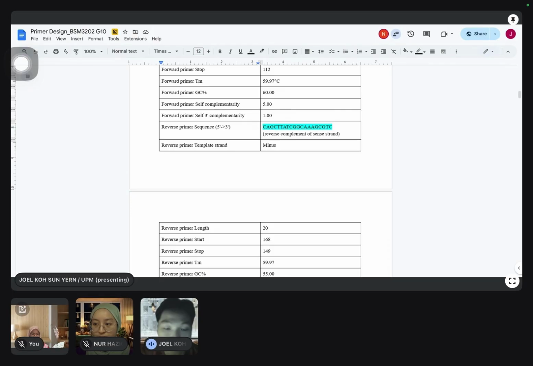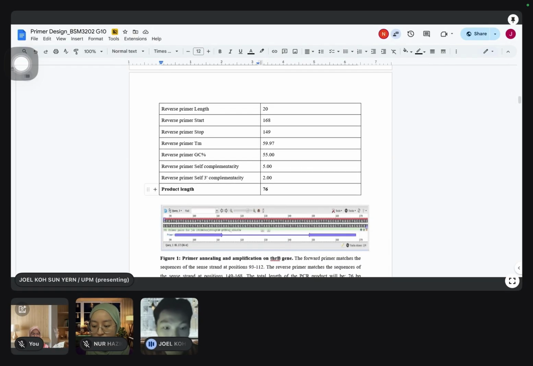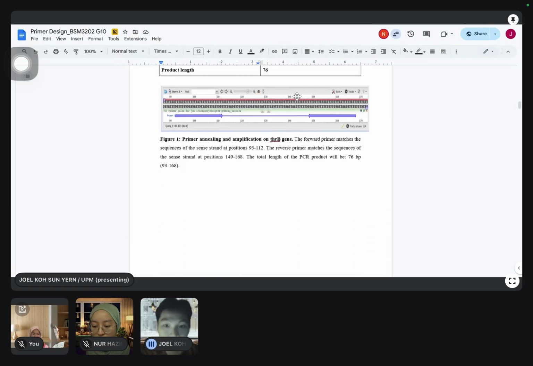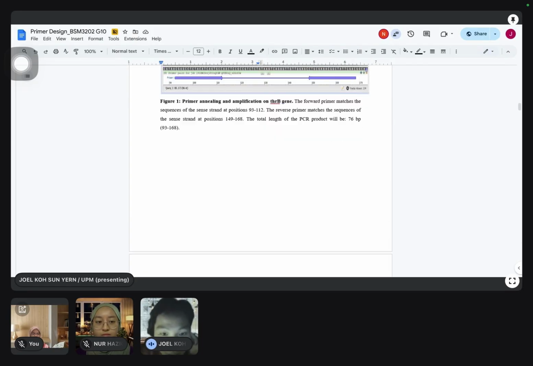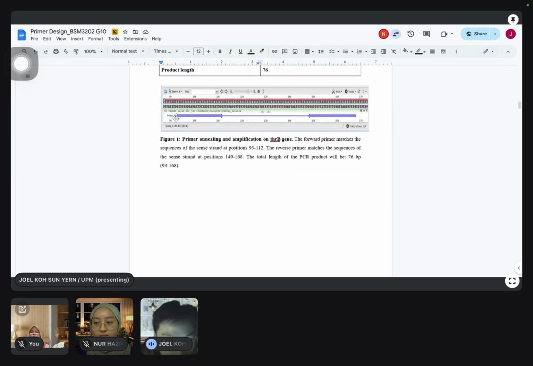So the product length is 76 base pair, and this is the overview of the annealing of the primer and also the amplification of the trilby gene in the E. coli. As you can see over here, the forward primer binds to the position 93rd to 112 base pair, and it amplifies from 93 to the 3' end at the 168 position.